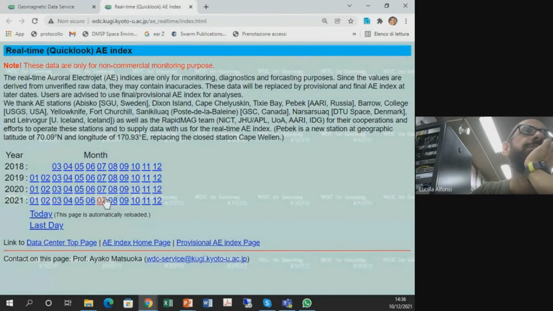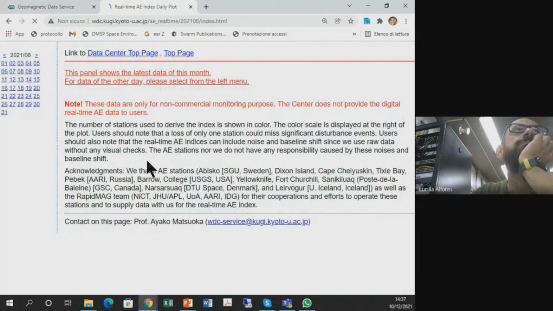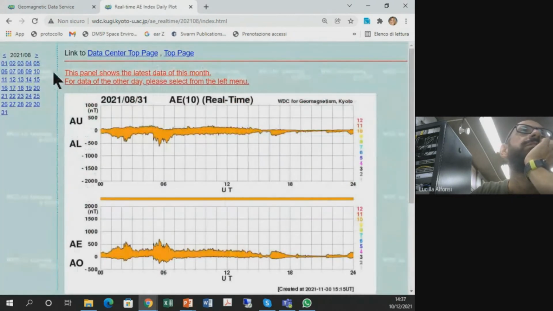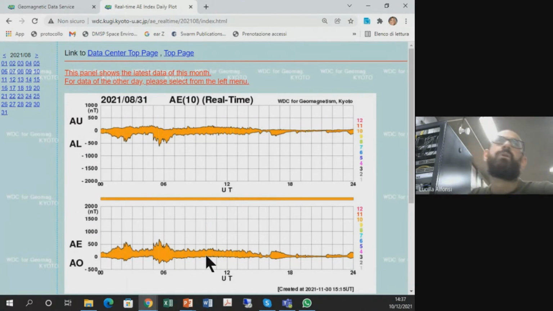Here we can select the month, I don't know, August 2021, and here on the left, we have the day. So they made available a daily plot of the Aurora indices, so you can have a look at the disturbances, if there are some.